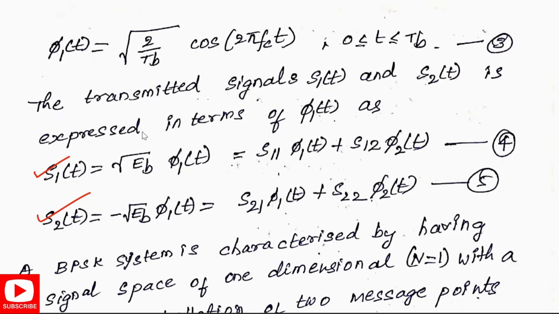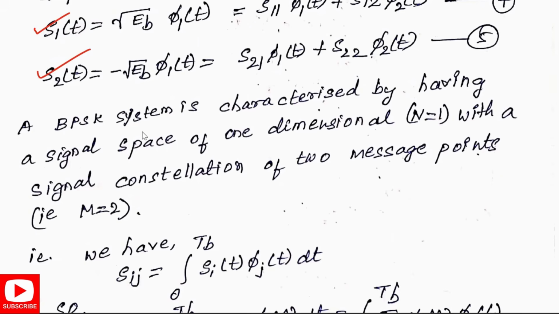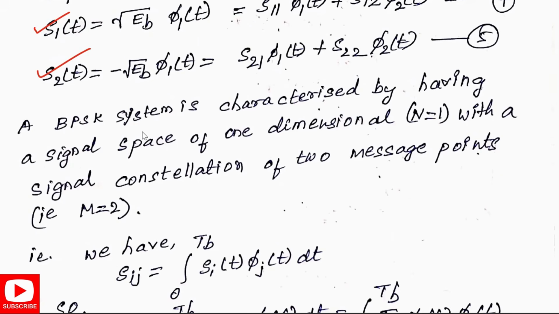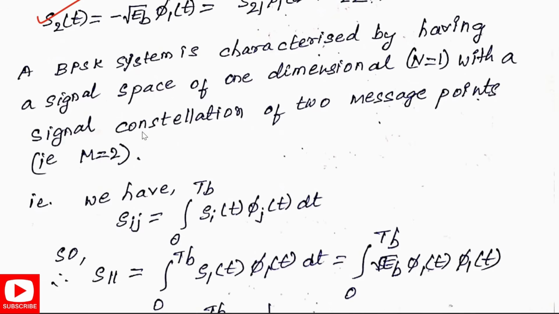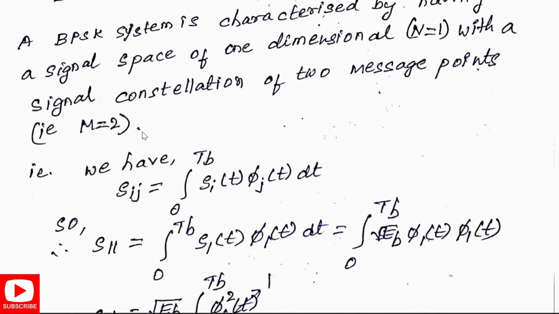So a BPSK system is characterized by a signal space of dimension N equal to 1, and a signal constellation of 2 message points, that is M equal to 2. We can write Sij equal to the integration from 0 to TB of Si of t into phi j of t dt.